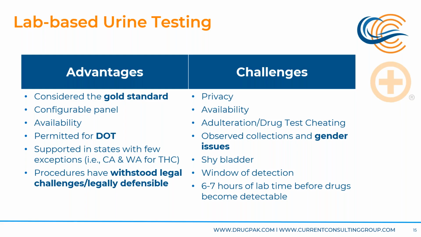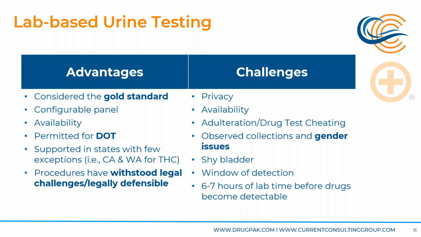The reason I bring it up here in the context of talking about lab-based urine testing is that lab-based urine testing is solid, it's endorsed by the federal government, it's permitted legally in every state. When you're using a SAMHSA certified laboratory in particular, you're really on safe legal defensibility ground.